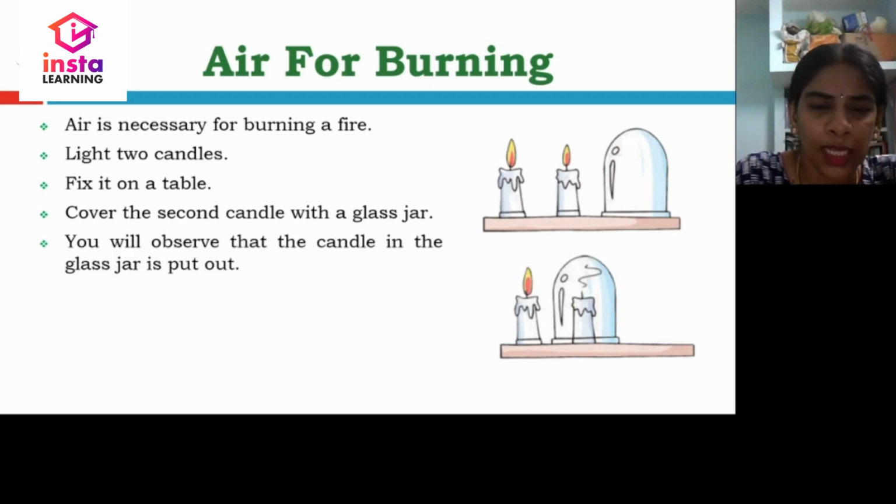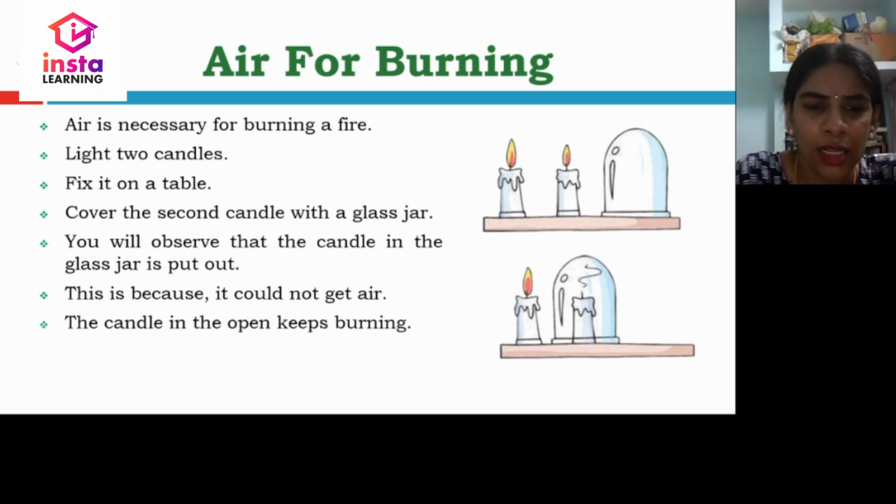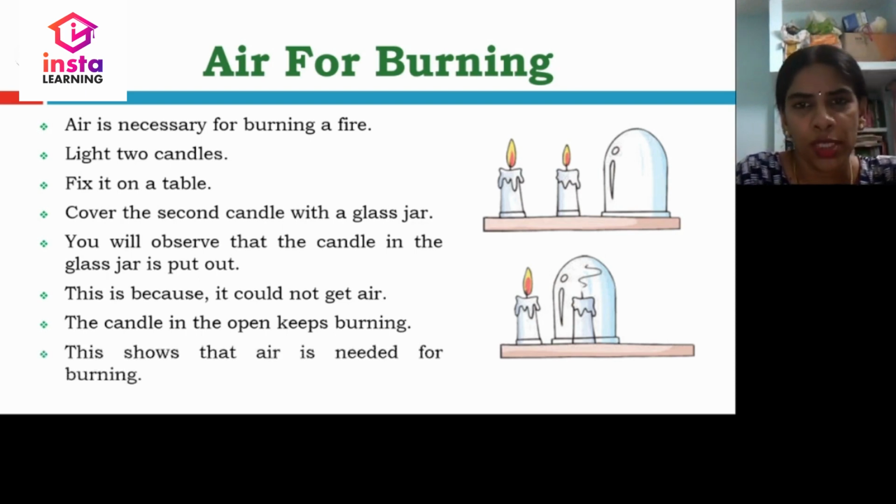You will see the candle in the glass jar is put out. Why? This is because it could not get air. So, air is necessary for fire. The candle in the open keeps burning because it could get air. This shows that air is needed for burning.